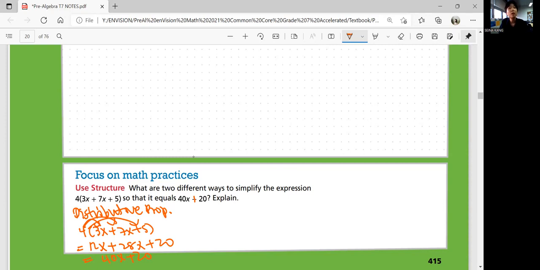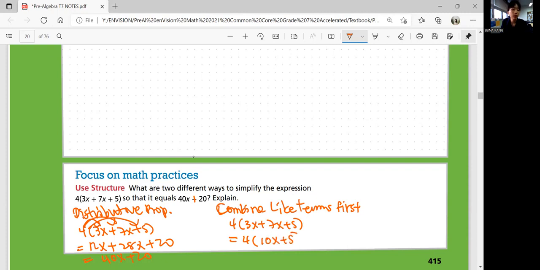Okay, another way, you can combine like terms first. So 4 times (3x plus 7x plus 5) could be 4 times (10x plus 5).